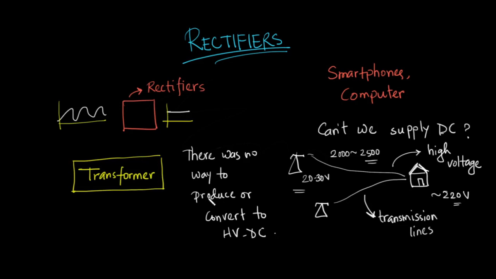But there have been some very recent developments in this field, because now we have some very sophisticated electronic circuits that can transform low voltage DC to high voltage DC.